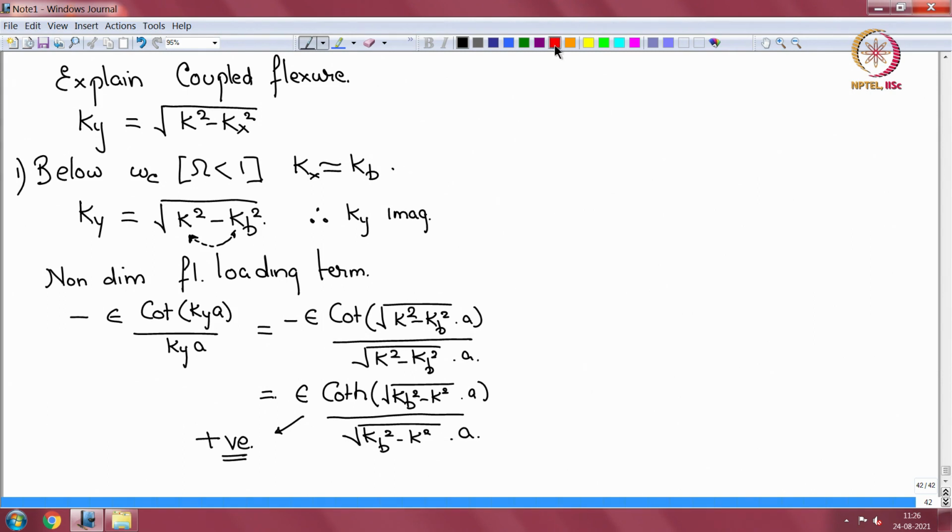So this entire term along with the sign is a positive term on the right. Okay. So what will that do? If it's positive on the right, it's negative on the left, that means it is an inertial loading.